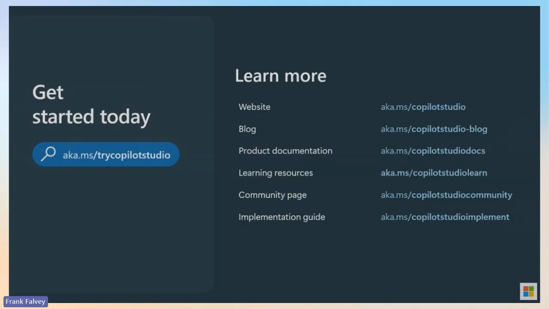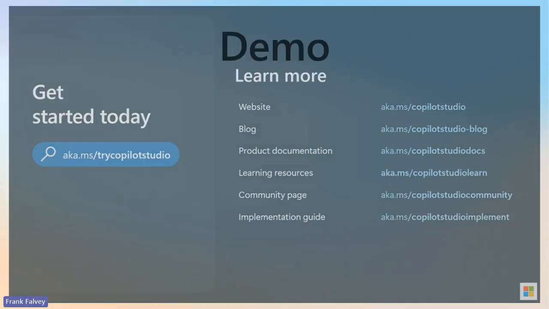So getting started, as I said, the website aka.microsoft, I'll share the slides. I'm not going to go through all of these, they're just some of the stuff they have out there. You can try Copilot Studio as well. Microsoft gives a 3 month trial, so take that up, definitely.